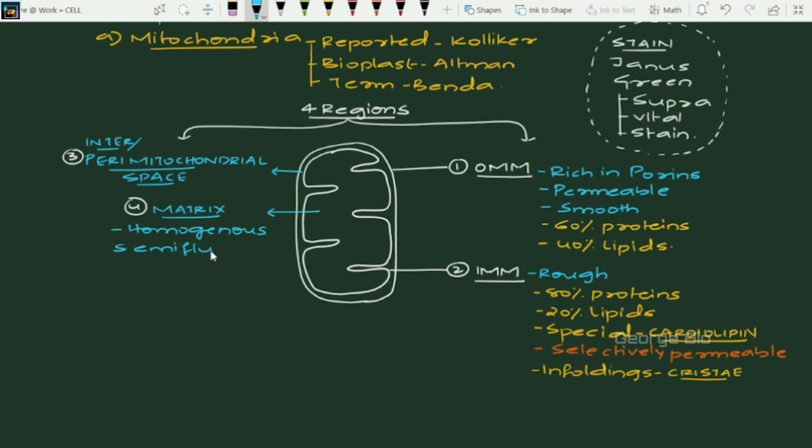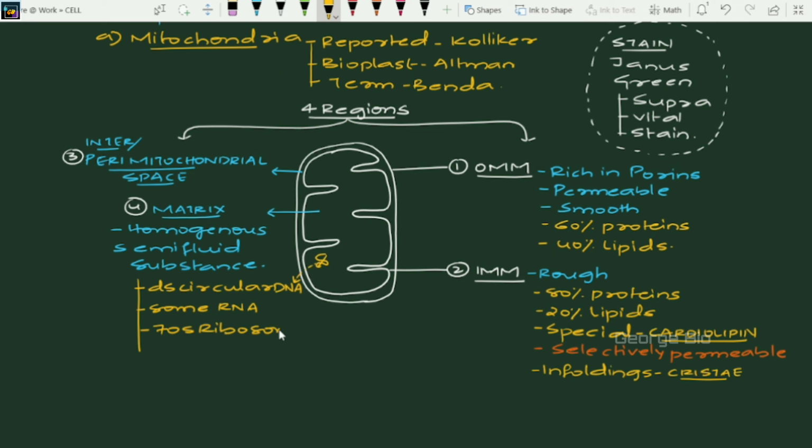Now what does it consist of? It consists of double-stranded circular DNA. Along with that, it consists of some amount of RNA also, and it consists of 70S ribosomes. Now, as it consists of 70S ribosomes, it acts as a site for protein synthesis.